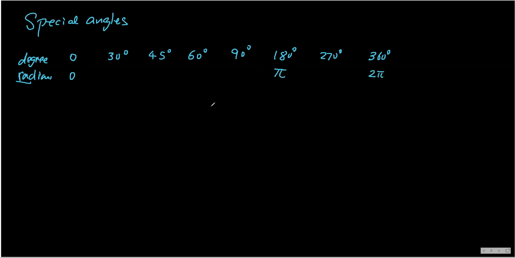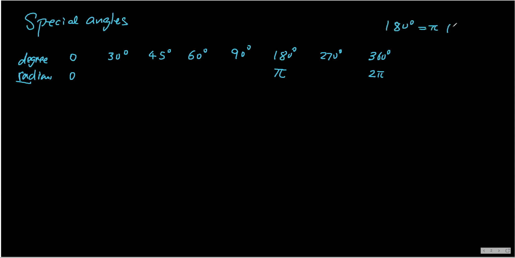All right, so how about 45 degrees? How about 90 degrees? Remember this: 180 degrees equals pi radians.